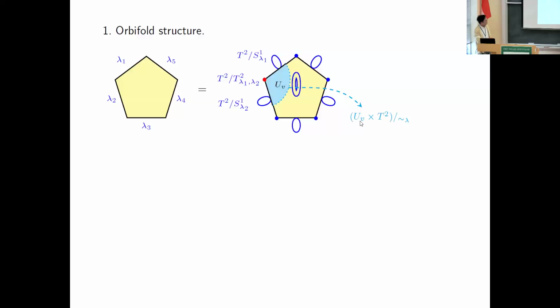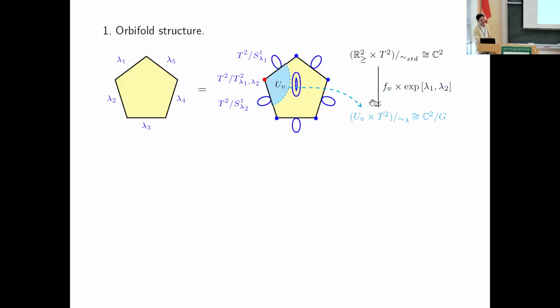Because this U_V is homeomorphic to R^2 positive, I can compare it with the standard presentation of C^2, which is nothing but R^2 positive times T^2 modulo the standard relation. So there is a natural surjection from here to here, right?